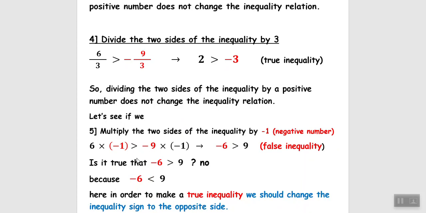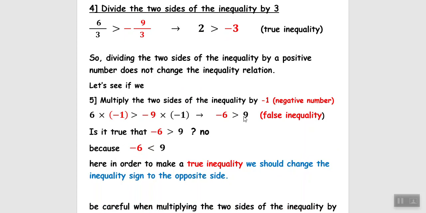Let us see if we multiply the two sides of the inequality by a negative number. We'll take negative 1, for example. By multiplying both sides of the inequality by negative 1, the left side, 6 by negative 1 equals negative 6.